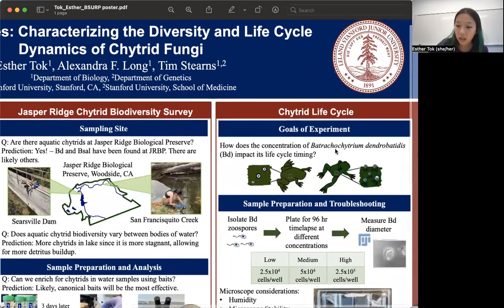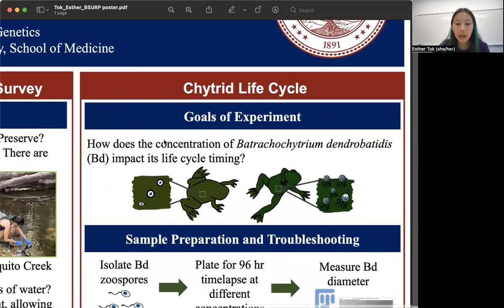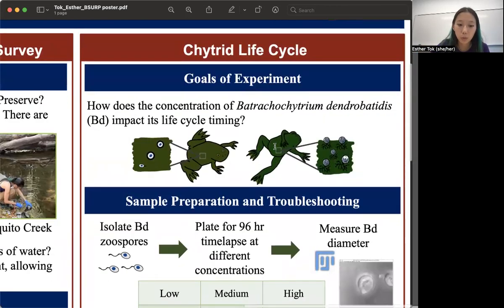So thinking about pathogenic chytrids, specifically BD, we wanted to better understand how concentration can impact its life cycle timing. An infection zoospore density could really impact how quickly infection spreads if zoospore density is impacting how fast they grow and release more spores.